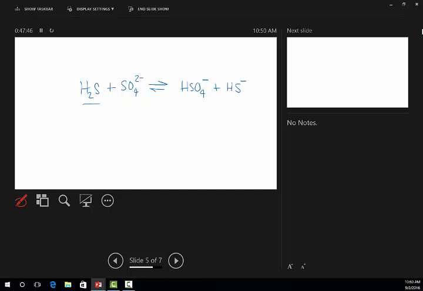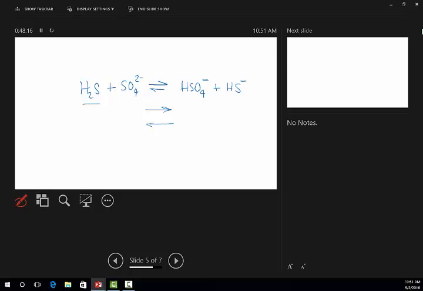I'm good. So then the question is, which way does the equilibrium lie? Does the equilibrium lie to the left, or does it lie to the right? The way we have to think about answering that problem is, the first thing is I need to identify the acid for the right-hand reaction and the acid for the left-hand reaction.